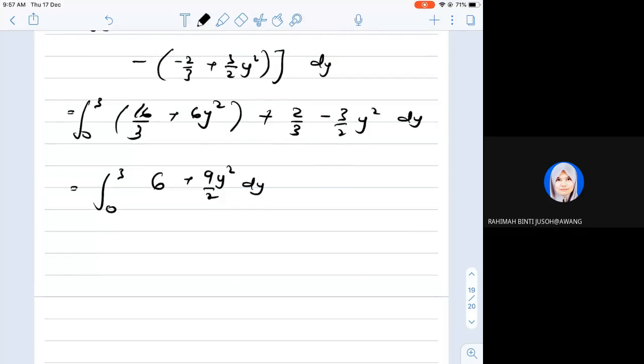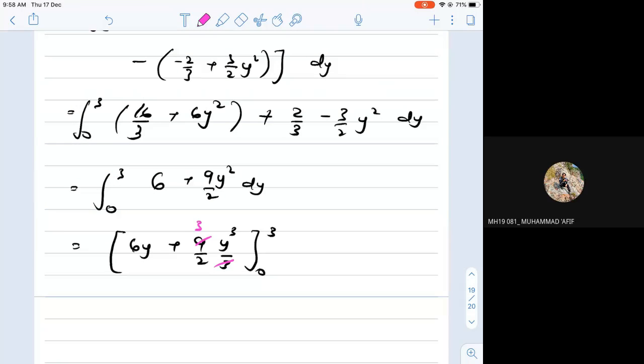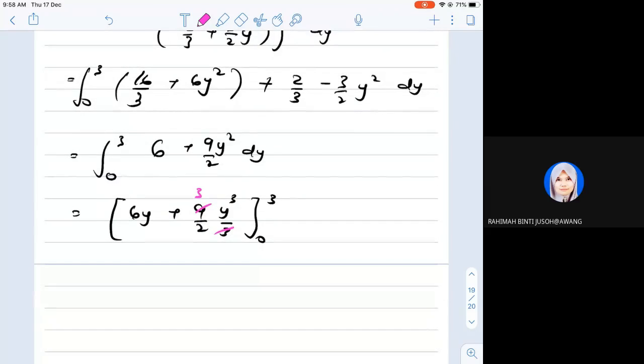Let us integrate. It becomes 6y plus 9 over 2, y cubed over 3. Substitute 0 and 3. Sorry, y squared is there.